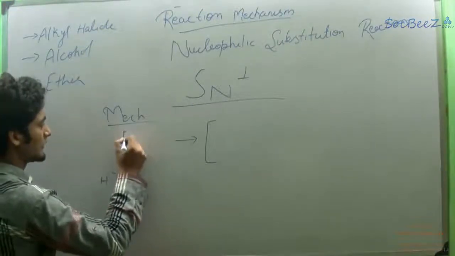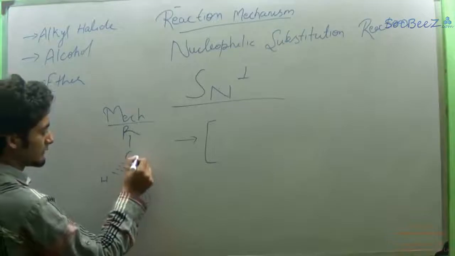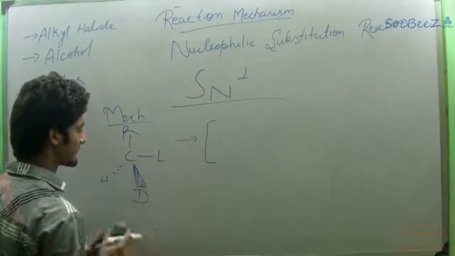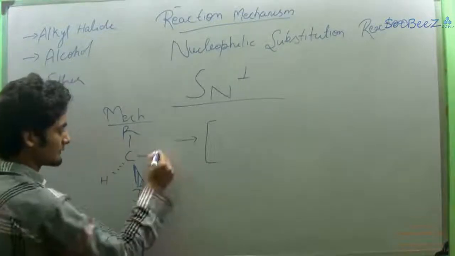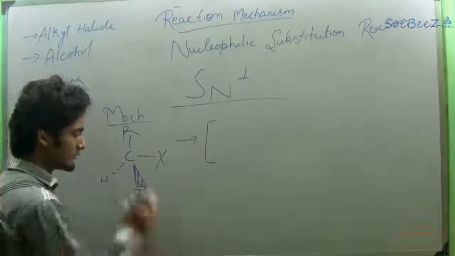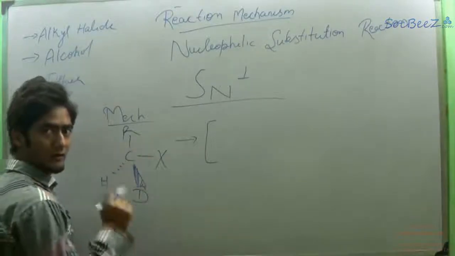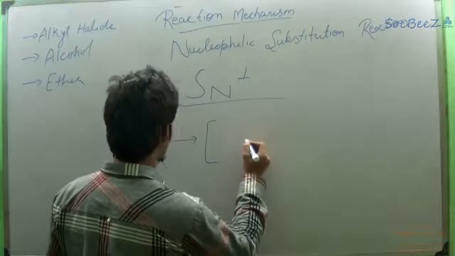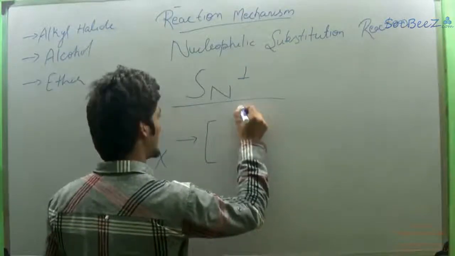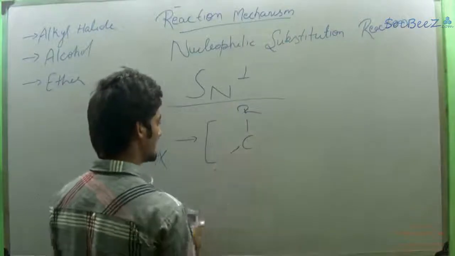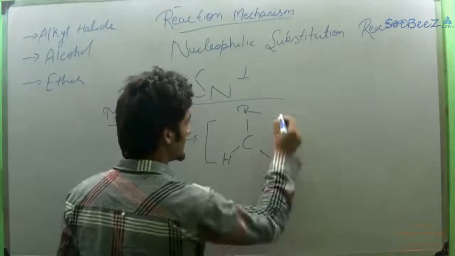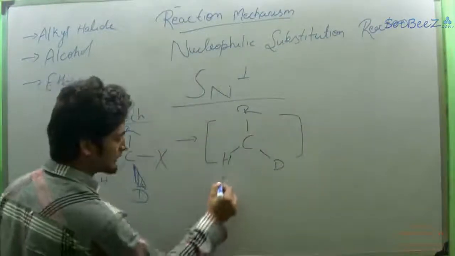And this is the R molecule, and here we have a leaving group, let's say X, any halide. So, in the first step, this halide leaves the molecule, giving us a carbocation intermediate, which is planar in nature, that is R, H, D. Now, it is a planar species.